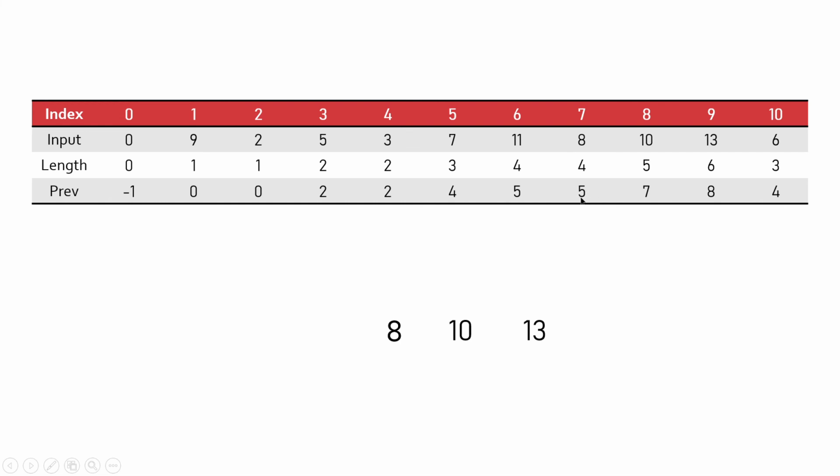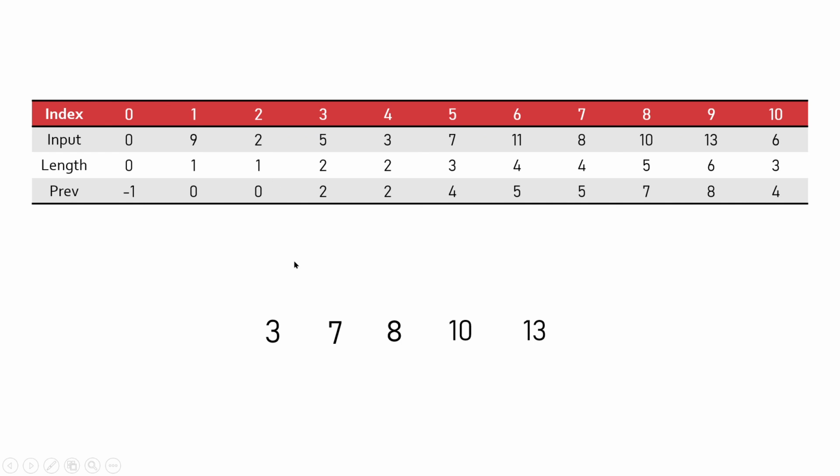Index 5 has input 7. Then we'll take 7. After taking 7, we'll see the previous of 7, which is 4. Index 4 has input 3. We'll take 3. Then we'll see the previous of 3, which is 2.